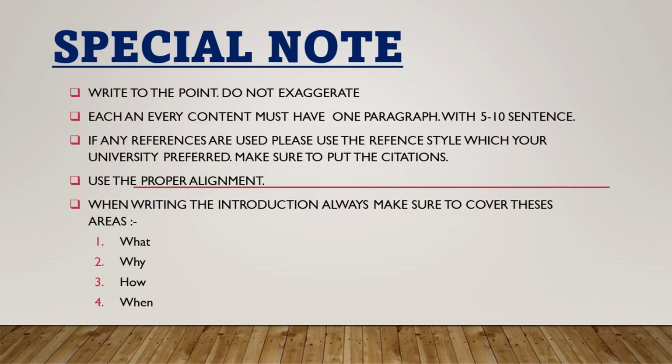So what is your main aim? You have to write that. For this you can write about one paragraph, but make sure to get advice from your supervisor before you write it.